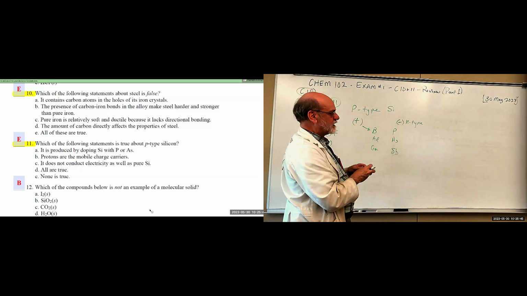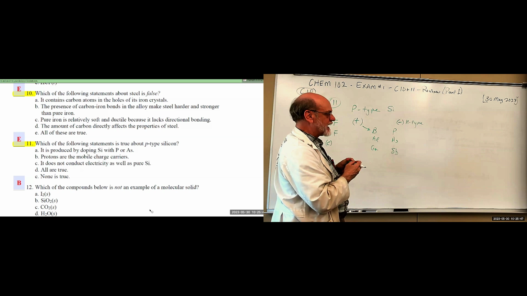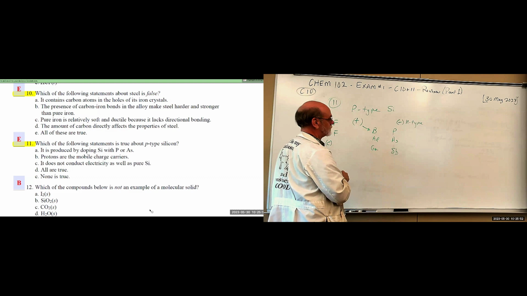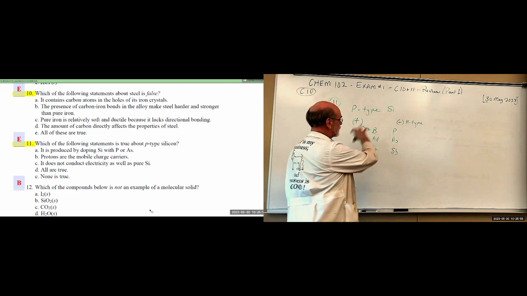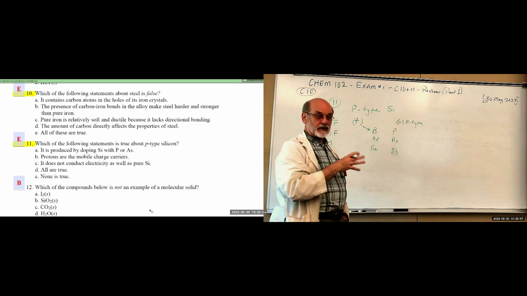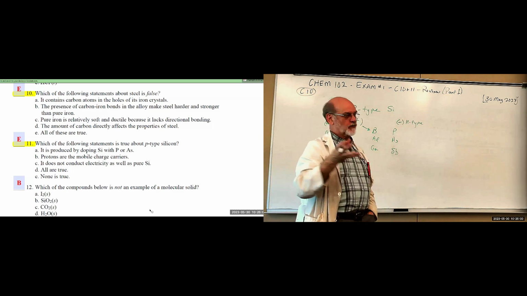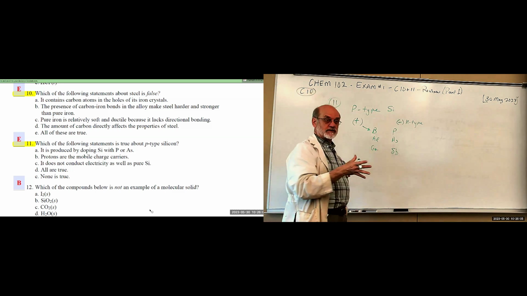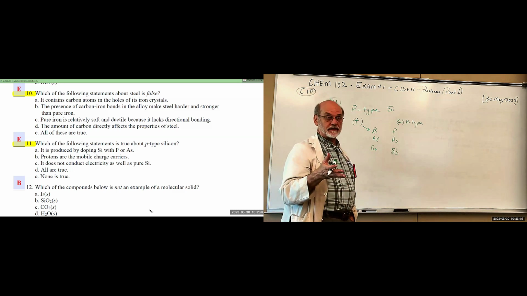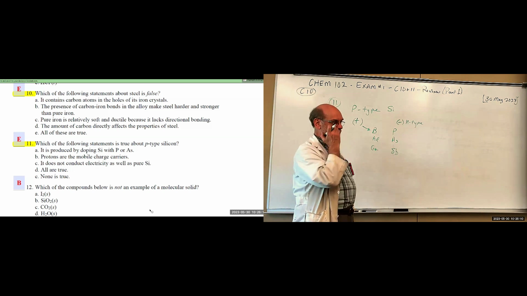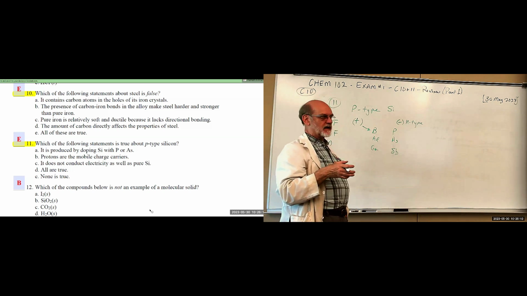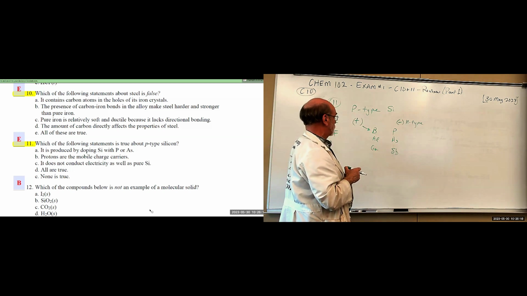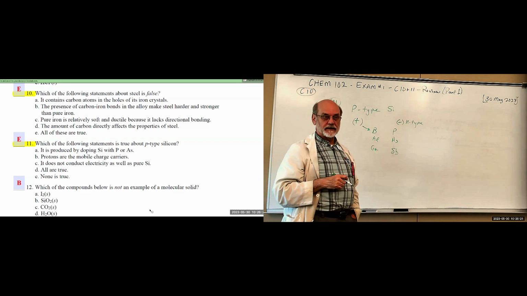Only the electrons carry the charge. C, it does not conduct electricity as well as pure silicon. Really? Both of them, either type, are better conductors. They're semiconductors. That's why we name them semiconductors. They're not conductors like metal wire would be, like copper wire would be a conductor. And they're not insulators like, well, pure silicon would be an insulator.